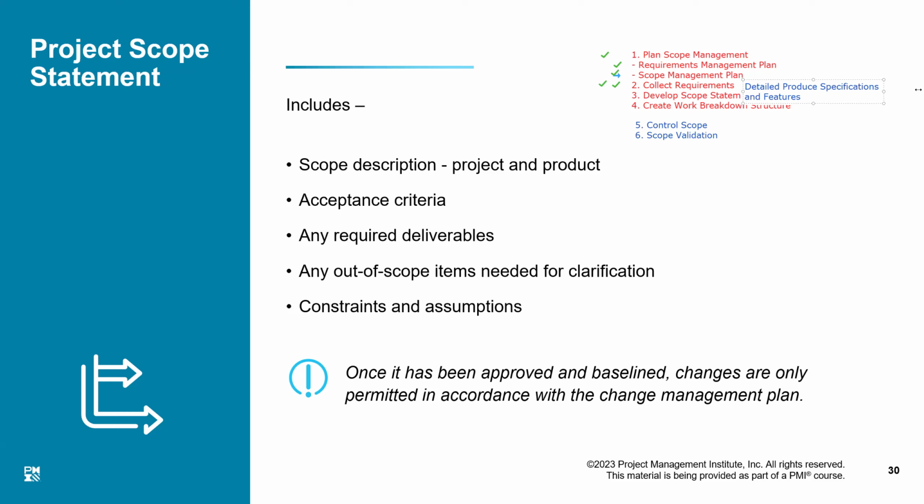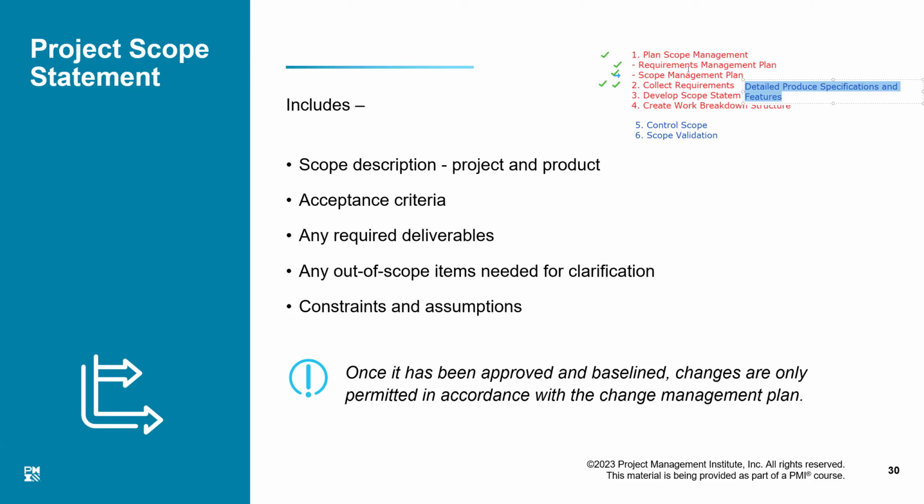Okay. And those requirements that we documented, yes, there are 2 separate documents created out of plan scope management. One is the requirement management plan, another is the scope management plan.